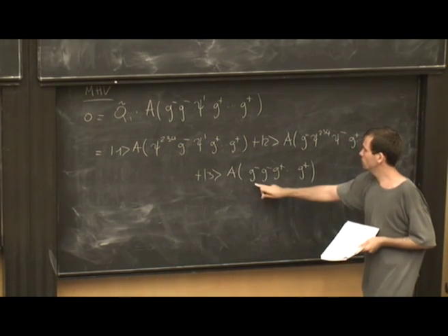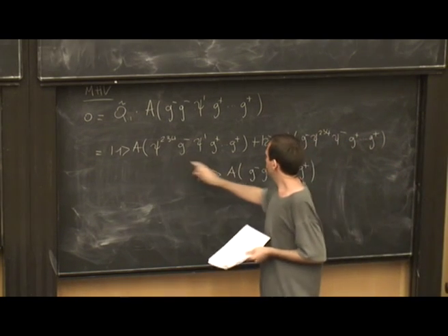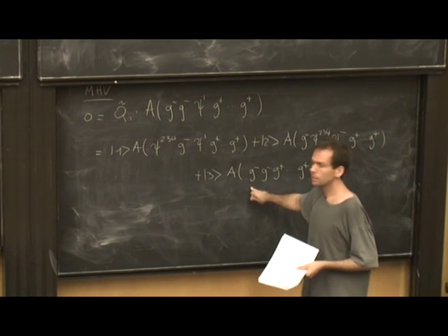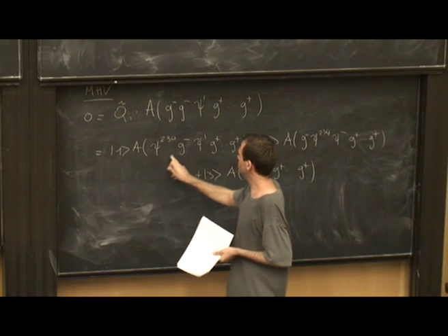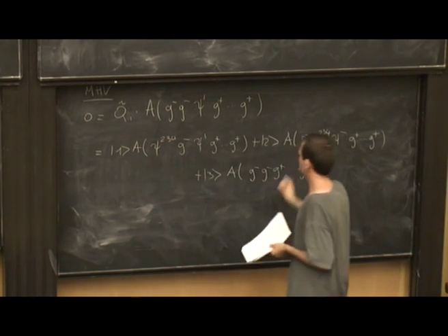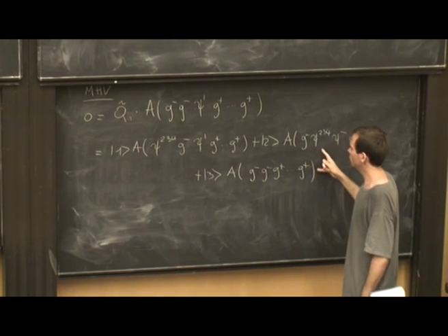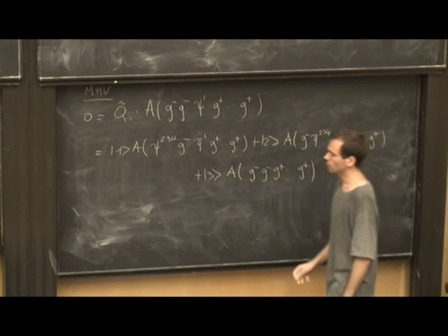The amplitude with 2 minus gluons and a string of pluses. But now I see that I have 3 terms. So in particular, I could kill this amplitude if I want by projecting against 1. But this is not going to cancel everything. Okay, so I will now be left with a relation between this amplitude and that one.